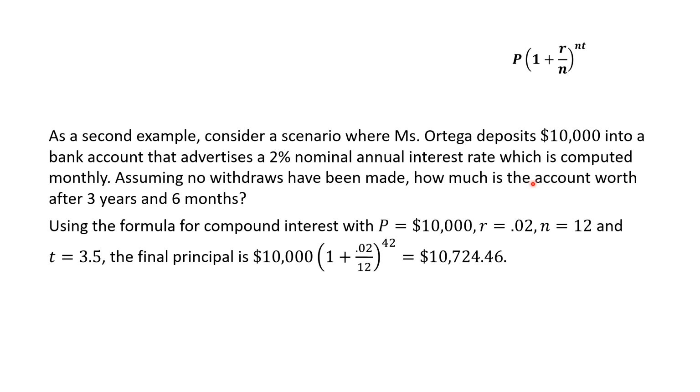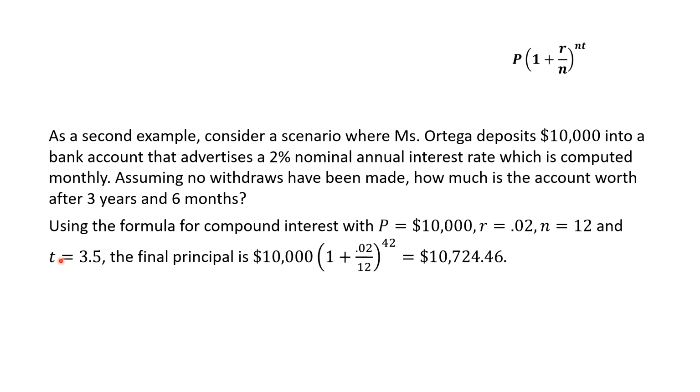And then the length of time that the money is left in the bank is 3 years and 6 months, but we need to convert that to years. So it would be 3.5 years. And so T is 3.5.